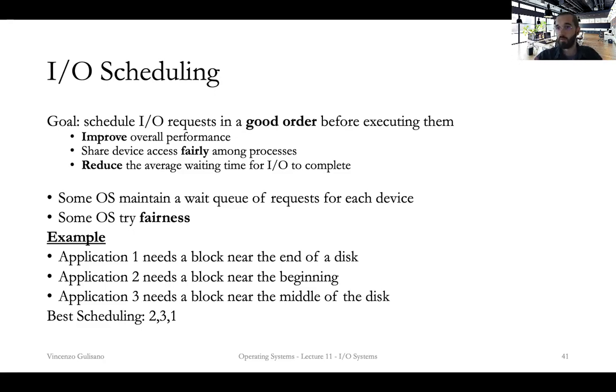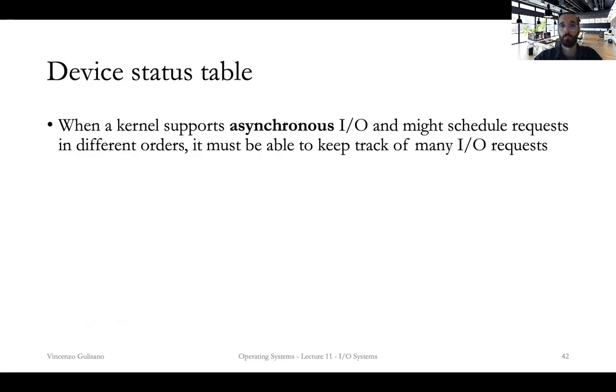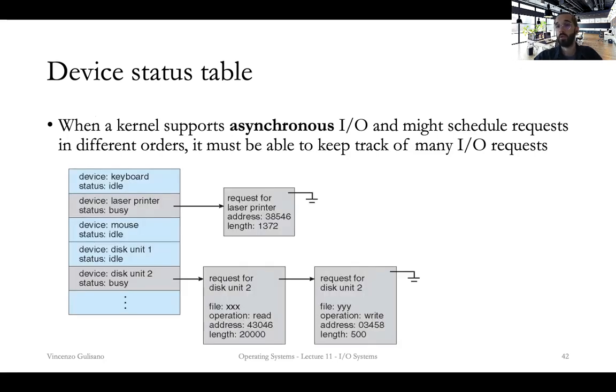Now, as always, trade-offs. This is an optimization that can increase performance: scheduling requests in specific orders depending on the hardware. But then you will need to keep extra information. It is no longer true that as soon as you get something from the disk, that is information for the process control block that is first in the queue of processes waiting for the disk, because you are no longer serving requests in order.